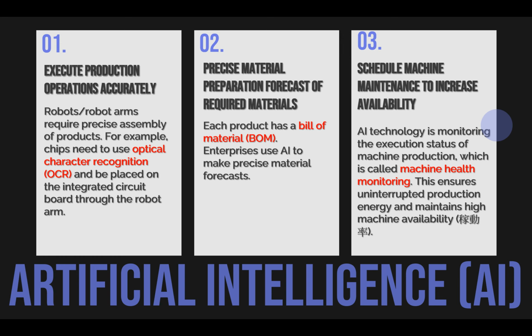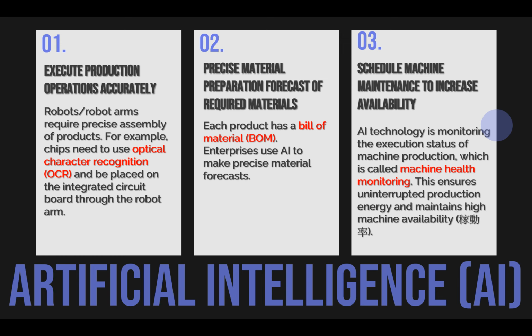Maybe you heard about that. On Monday during the administration meeting for our school, one of the professors mentioned that in recent years they may need like 50,000 engineers for semiconductors. So maybe that's your chance. And the chips are placed on the integrated circuit board through the robot arm.